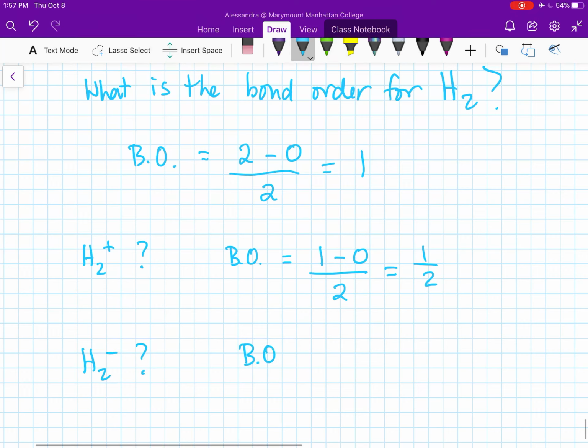Well, in that case, I'm going to have an extra electron. So I would have 2 minus 1 divided by 2, which also gives me a bond order of 1/2. So bond orders of 1/2 means that I don't even have a full bond. So neither the H2 plus nor the H2 minus ions would be stable species. But the H2 molecule with a bond order of 1 is a very stable molecule.